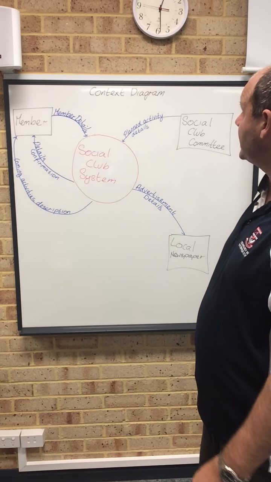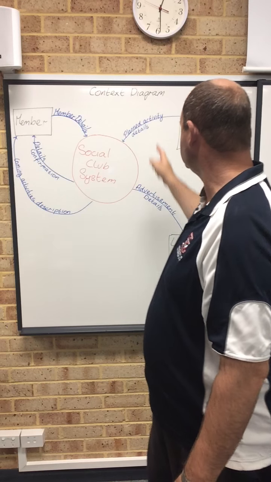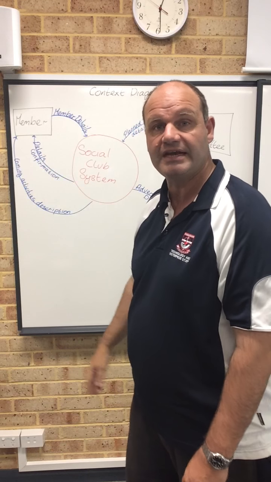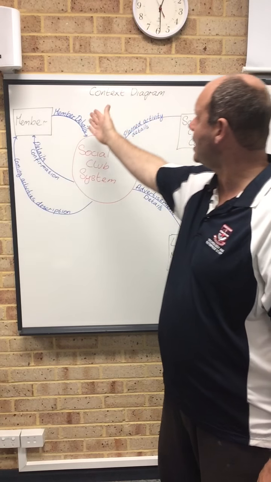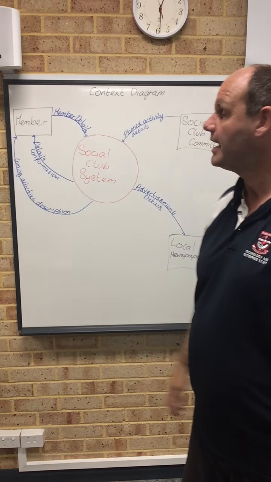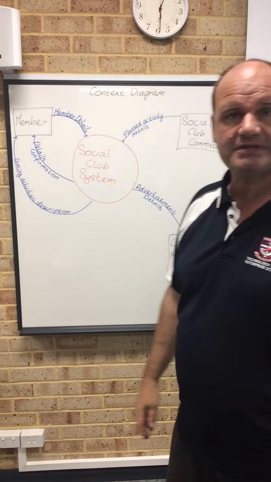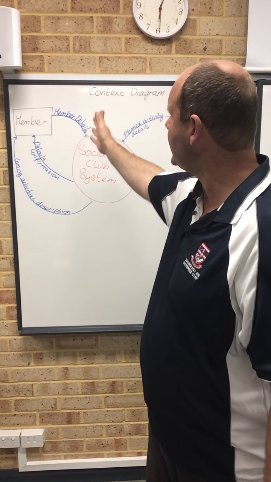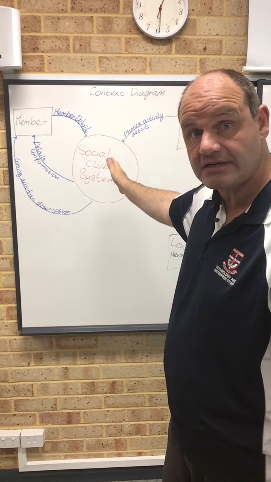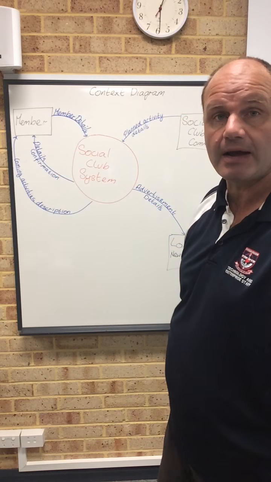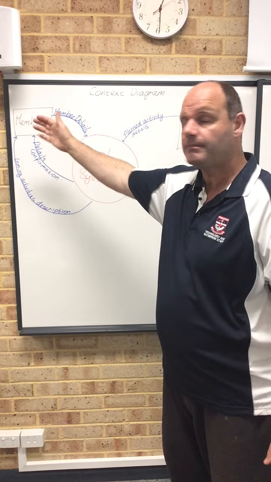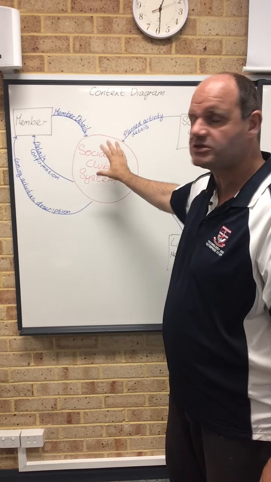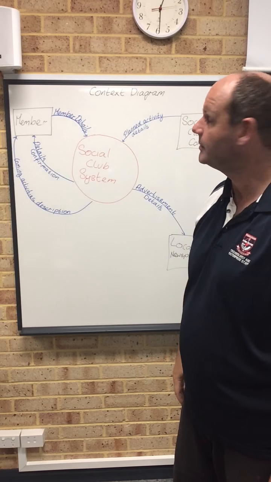The last thing to take note of are these arrows with details on them. These arrows are data flow, and they show specifically what data is going into the system and what data is coming out. So, for example, here is a member interacting with the social club system.